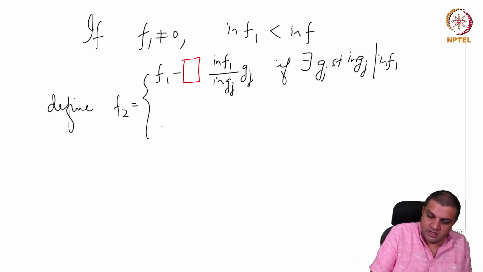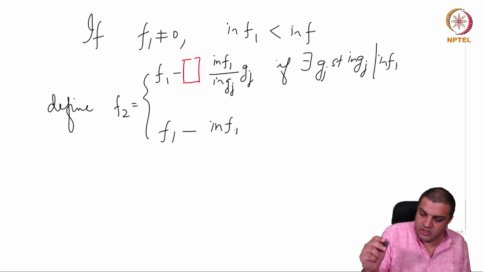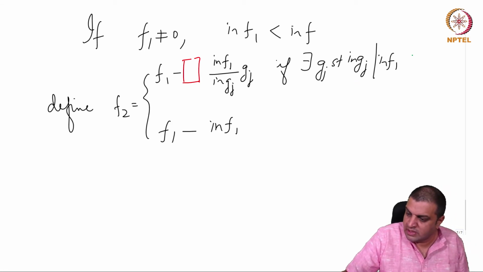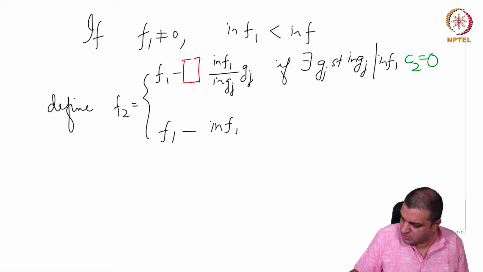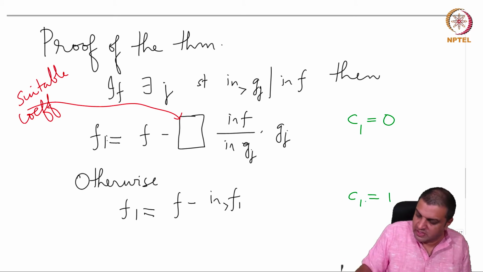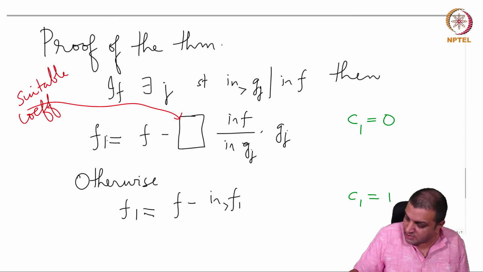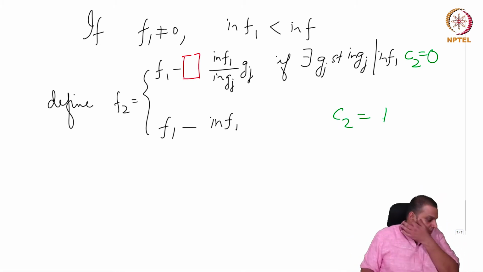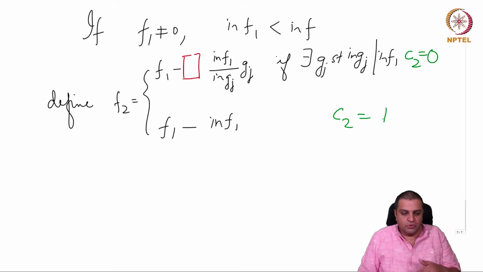Otherwise we will just write f1 minus in f1. And as earlier, for this one we write c2 equals 0. Earlier we said c1 equals 0 for this modification, and the other modification is just blindly removing the leading term, which we called c1 equals 1. So here, c2 equals 1.